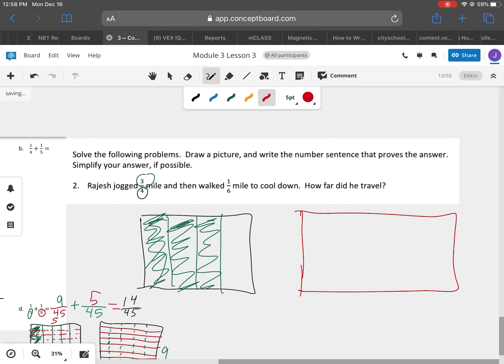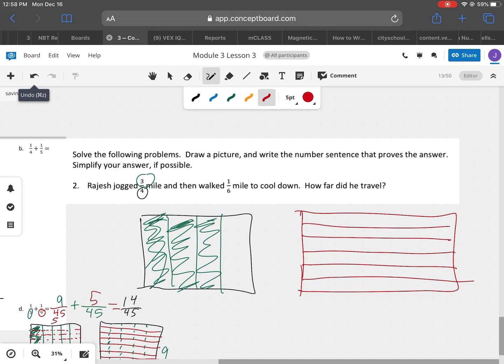Next one, we're going to cut it into 6. Oops, went too far. And we're going to shade in, oops, I did it the wrong way, huh? Let me do it again. Wrong way. And this time I'm shading in 1.